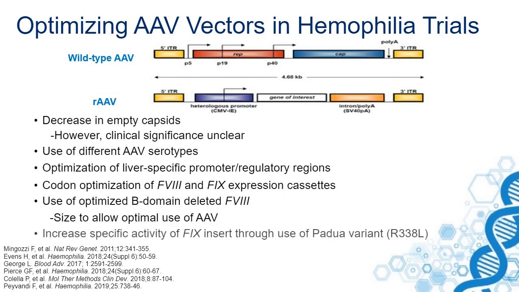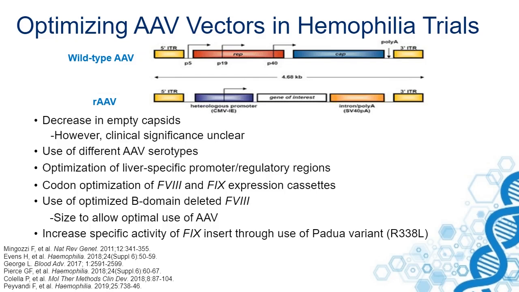And then the Padua variant in factor IX: this one amino acid change was discovered in a family in Padua, Italy, who had very high factor IX activity levels. And it was due to this one variant.